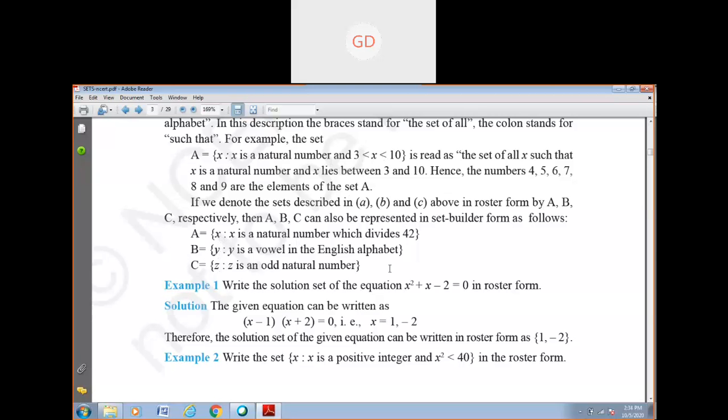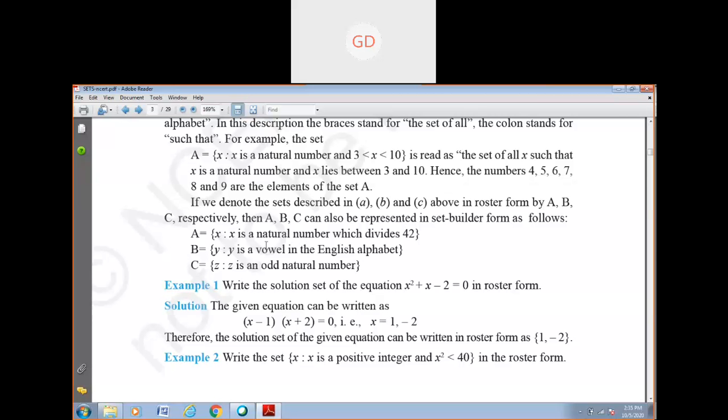In all these examples, you see how it is expressed: within second bracket, first x, sometimes y, then colon, and after that the characteristics of the elements are distinctly mentioned, so that we do not have any problem knowing the elements.